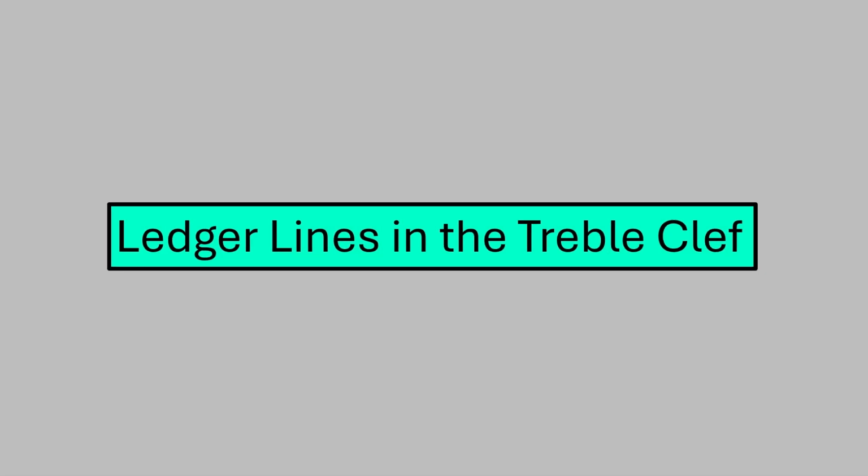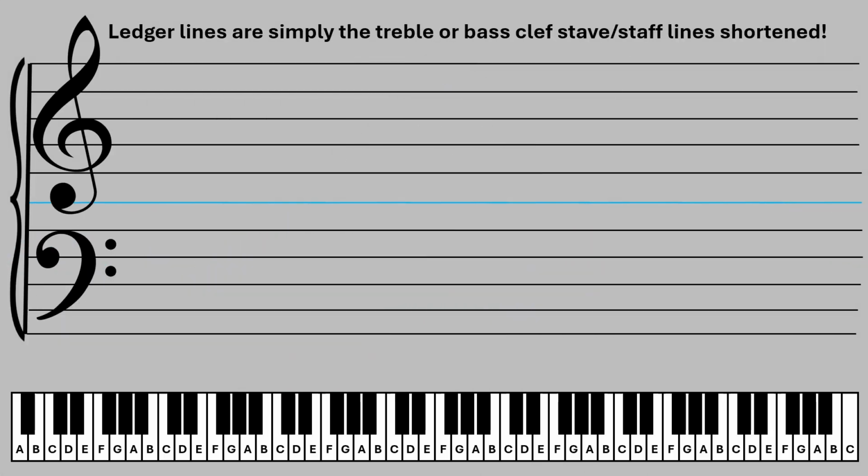Now let's look at ledger lines in the treble clef. Here we have our treble and bass clef staves with the crossover line for middle C shown in blue. Let's add middle C and then shorten the line to fit.